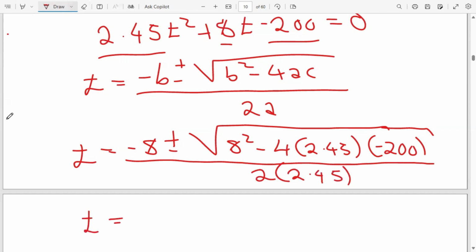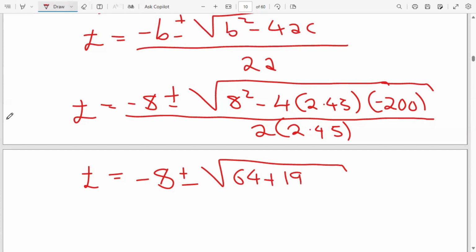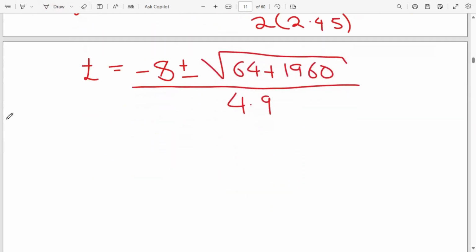Simplifying this equation further, t will be equal to negative 8 plus or minus the square root of 64 plus 1960, and this over 4.9.